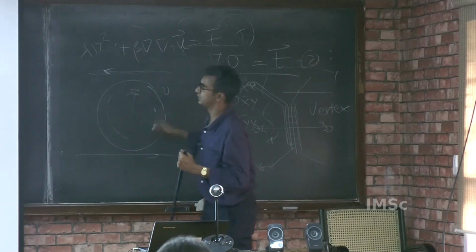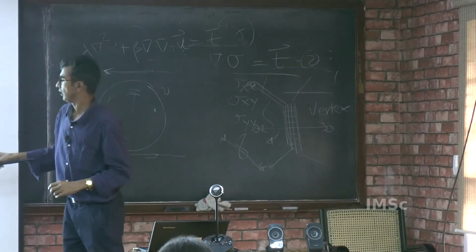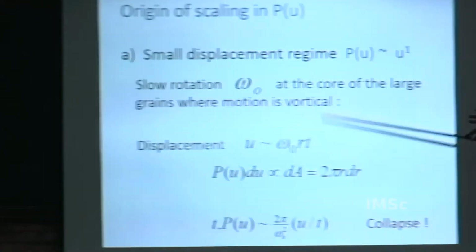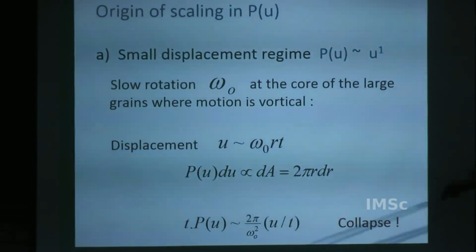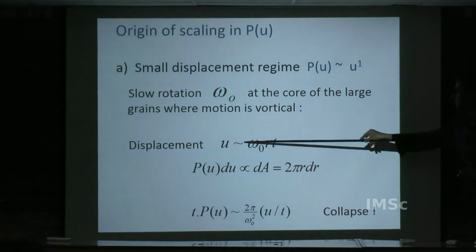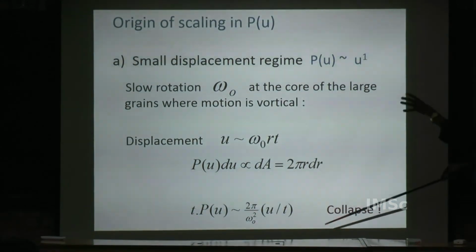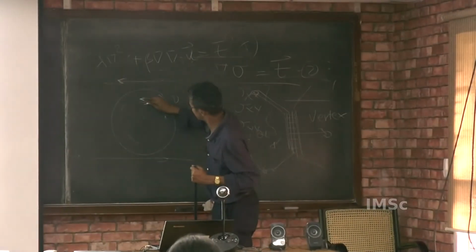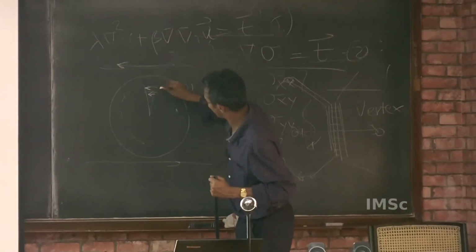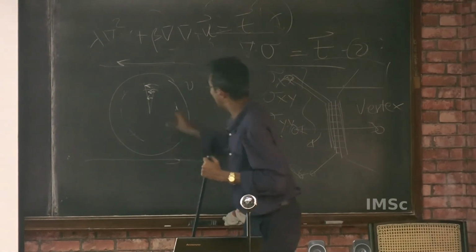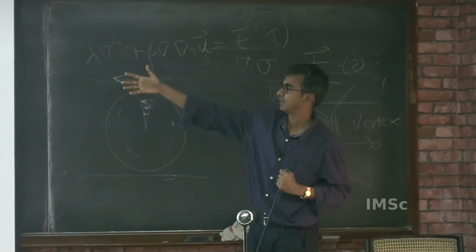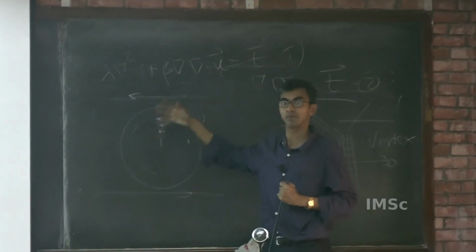So displacement, let's say, is omega 0 if you just consider a grain which is rotating at a constant speed. This is the displacement in the azimuthal direction for the particles. These particles move faster, this particle will move smaller, and so on, and all these small displacements will contribute to your P of u, which is the histogram of u.